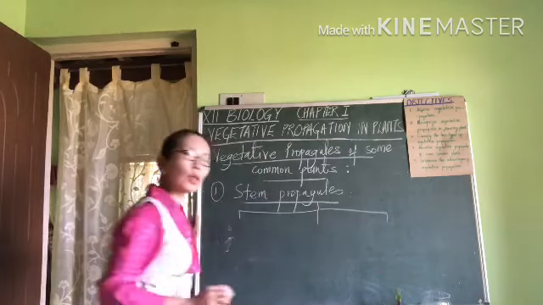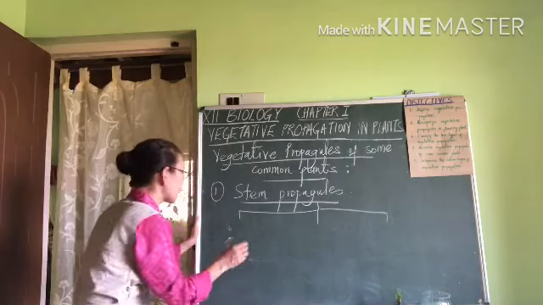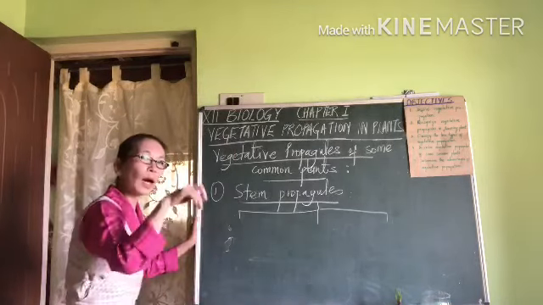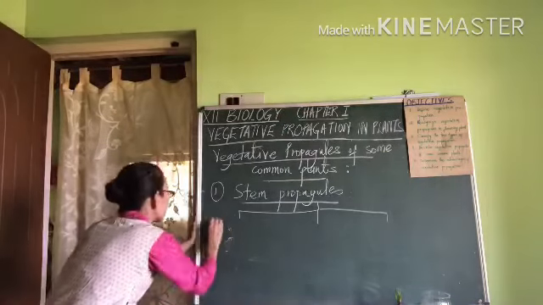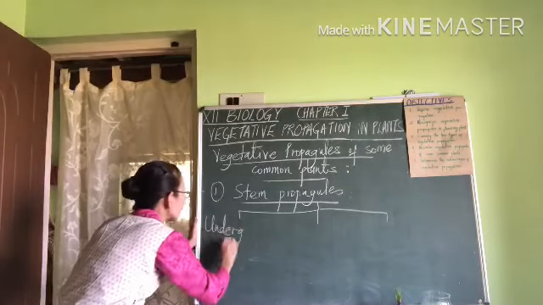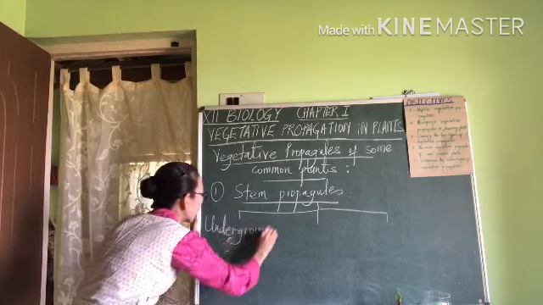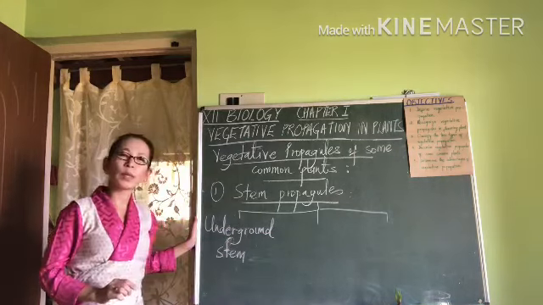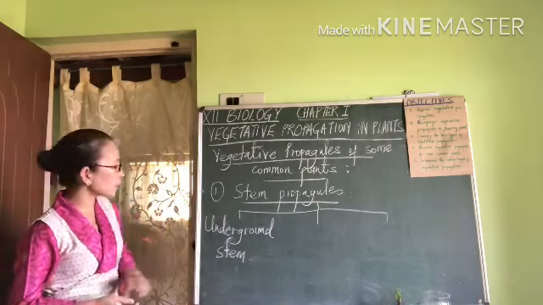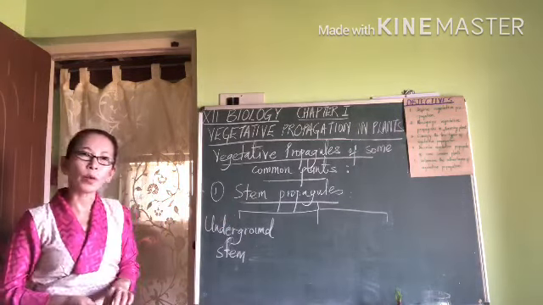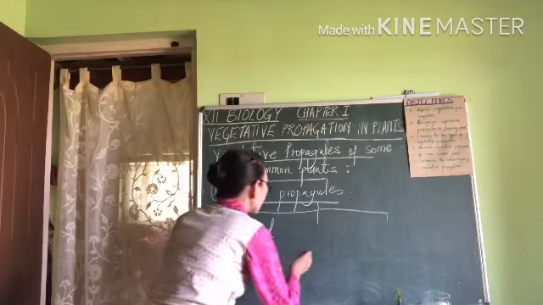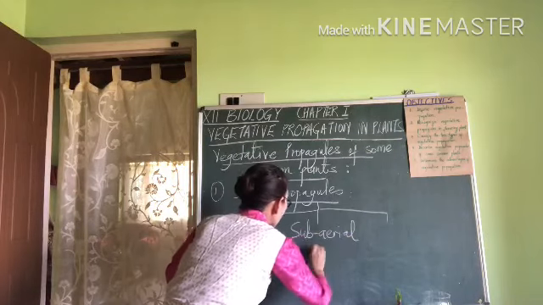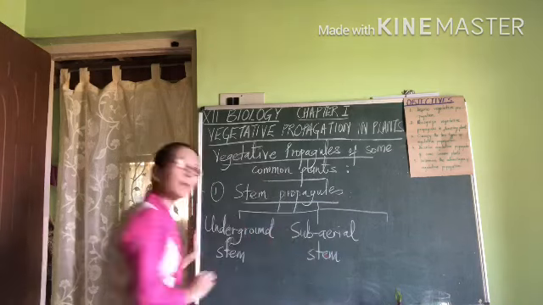Alright, so to understand the stem propagules, we will look into some of the major different types of stem propagules. So I'm going to be taking up stem propagules which are the underground modified stems. So we will talk about underground stem. Okay, we will take up some of the underground stem as an example for vegetative propagation. Then we will also talk about a few subaerial stems.